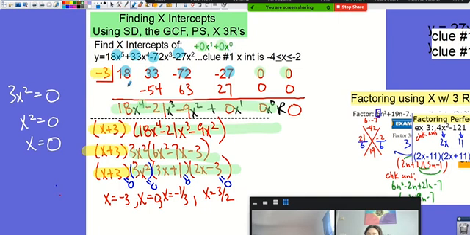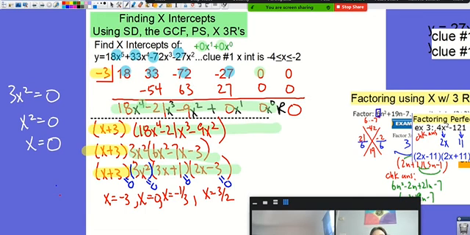So I'm just going to go synthetic division. I bring down this 18. -3 times 18 is -54. I get -21 after adding. -3 times -21 is going to be 63.